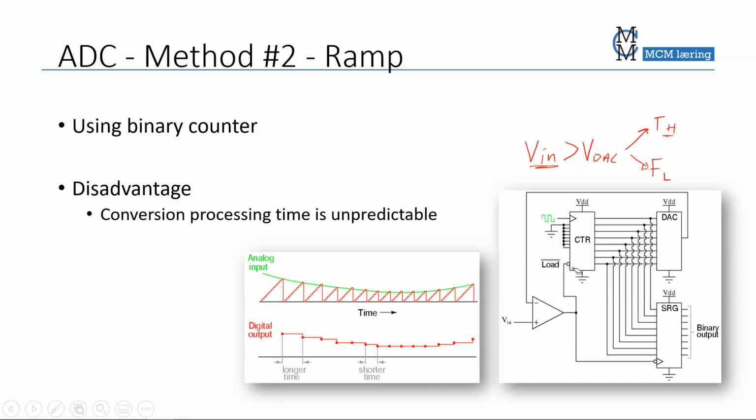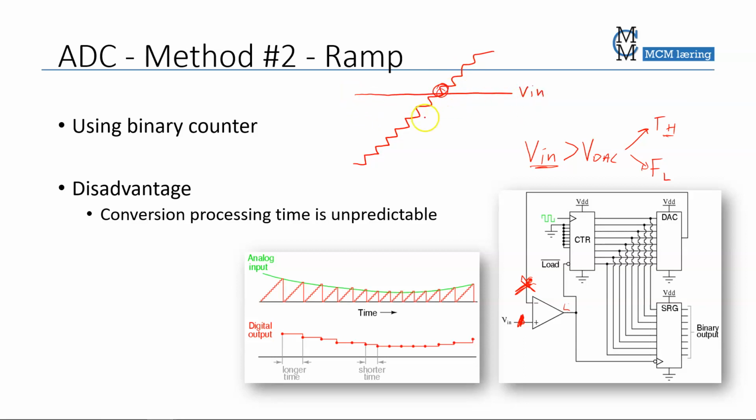When a low comes in, that means that the condition is false, which means that the signal here is lower than the signal here, which basically means that the counting ramp on the output from the DAC has finally stepped above the V in.